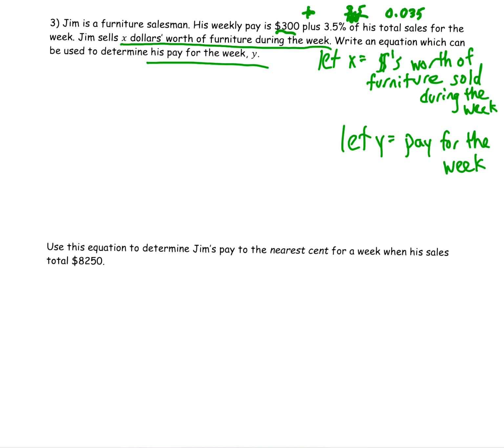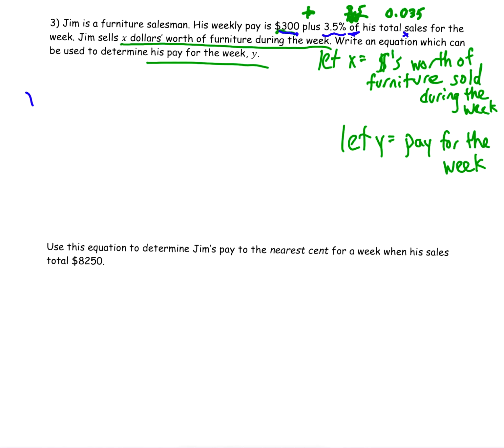So his pay for the week comprises two things. It comprises the $300 and also the 3.5% of, remember, of in math means times, his total sales, which is x in this case. So our equation, we want to find his total pay for the week, which is y.